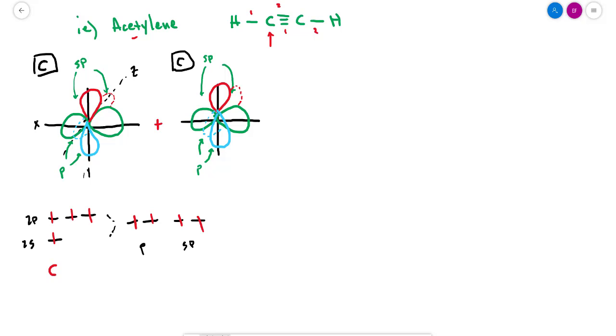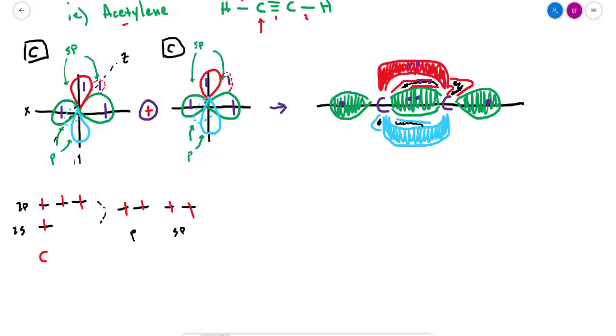So each one of these orbitals up here is going to get its own electron to hang on to. So I'm going to put one purple in each. There's a purple electron there, purple electron here, purple there, and a purple there. The same is going to be true on the other carbon atom because it has the same number of valence electrons. So now when we bring these two things together, every one of these unpaired electrons is going to pair up in space to form those new bonds.